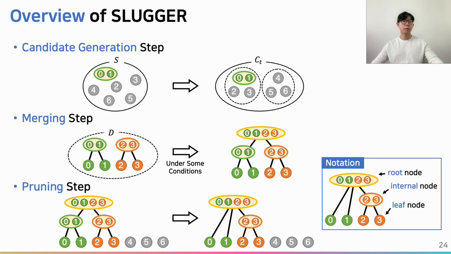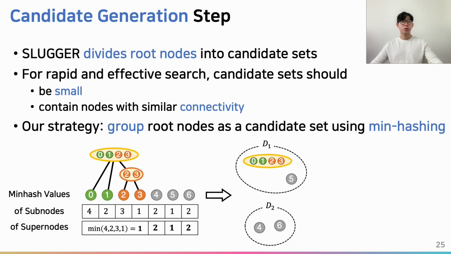After repeating the above steps T times alternatingly, SLUGGER executes the pruning step to reduce the encoding cost further. After the pruning step, the current hierarchical summary graph G bar is returned as the final output of SLUGGER. Now let me describe each step in detail. SLUGGER divides root nodes into disjoint candidate sets and searches root node pairs to be merged within these candidate sets.